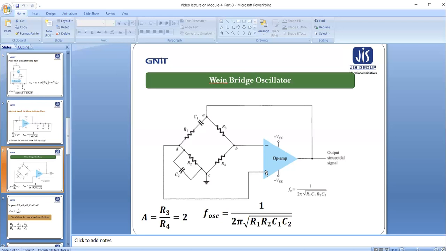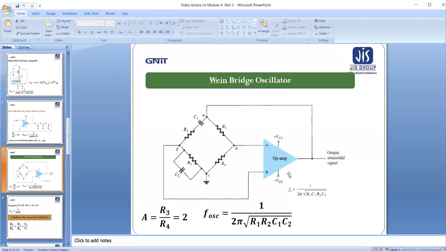It's a non-inverting terminal. So therefore in the Wien bridge oscillator, the net phase shift from the input to the feedback, output to the input, is 0 degree.